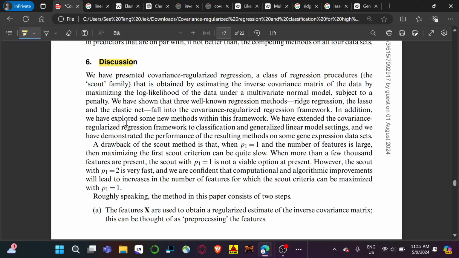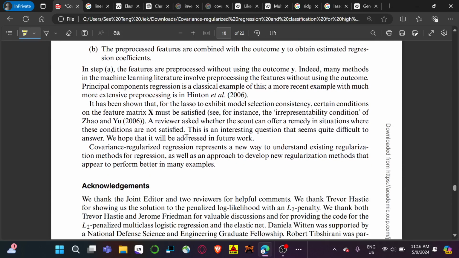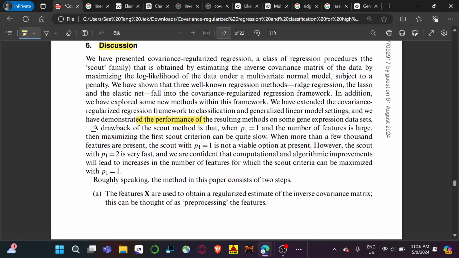In addition, they explored some new methods from Scout. They have extended Scout to classification and GLM, and they have demonstrated the performance. Demonstrated what performance? Is it good or not? They don't really say it here.